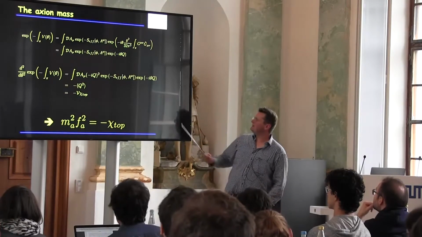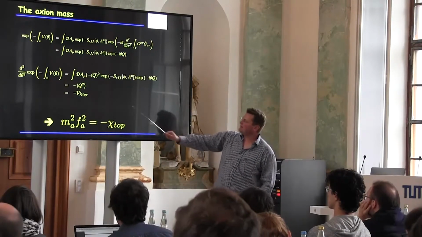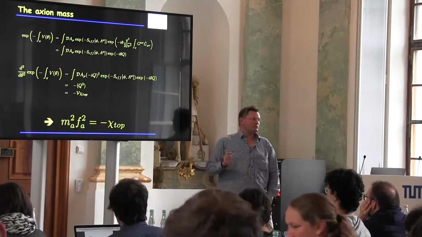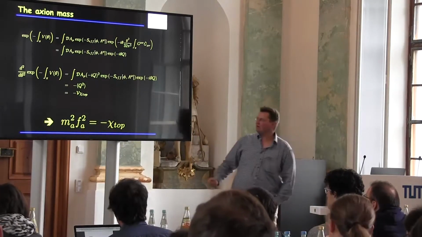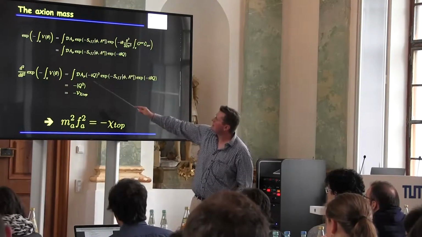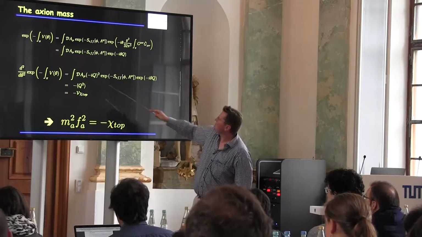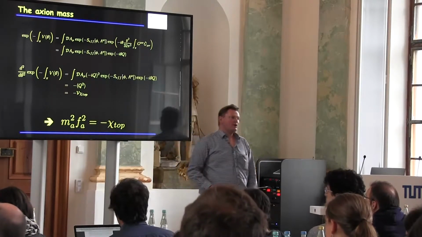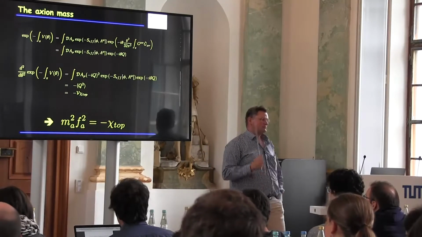The only theta dependence is here. Taking the second derivative just brings down two factors of Q, two factors of the topological charge. So this thing here is now just this path integral, and this is nothing but the vacuum expectation value of the topological charge squared.